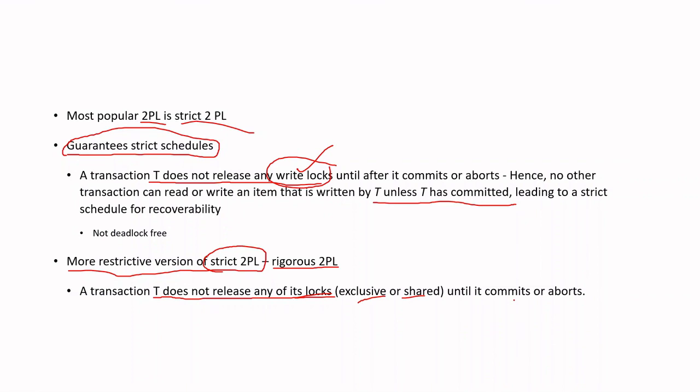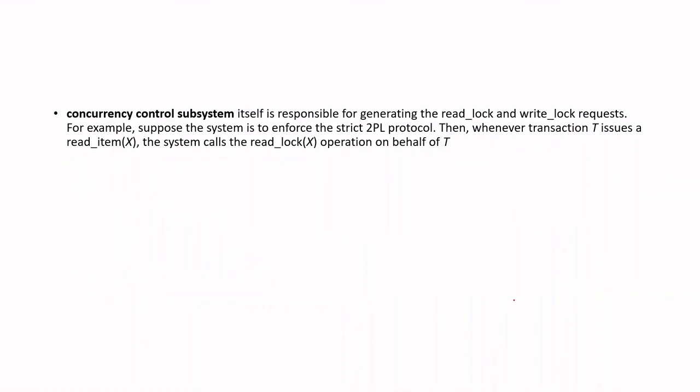Okay, so this is the way in which serializability is ensured by the two-phase locking protocol, and all this is taken care of by the concurrency control subsystem of the database management system. In the transaction, the transaction only issues read item and write item and so on.